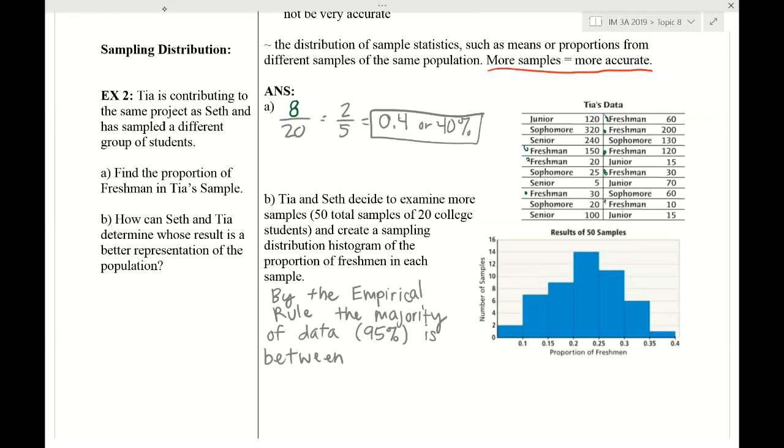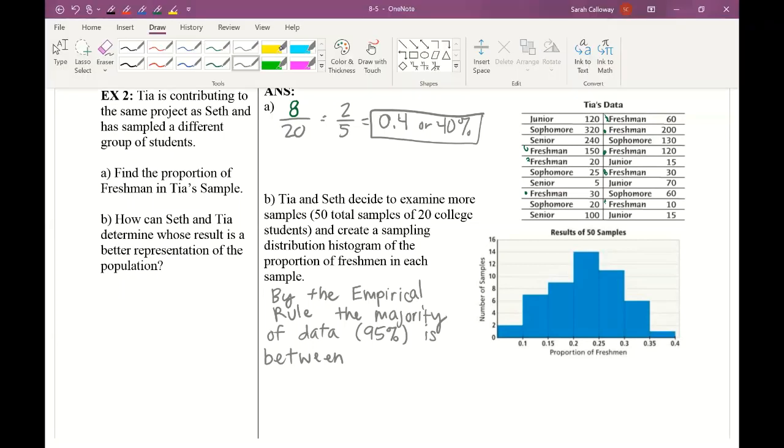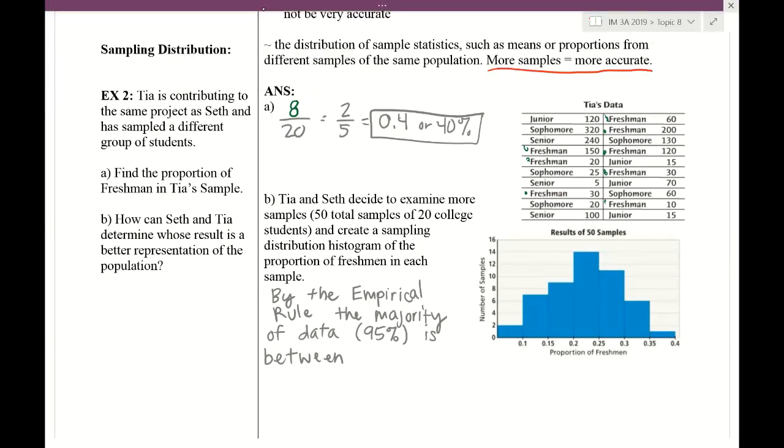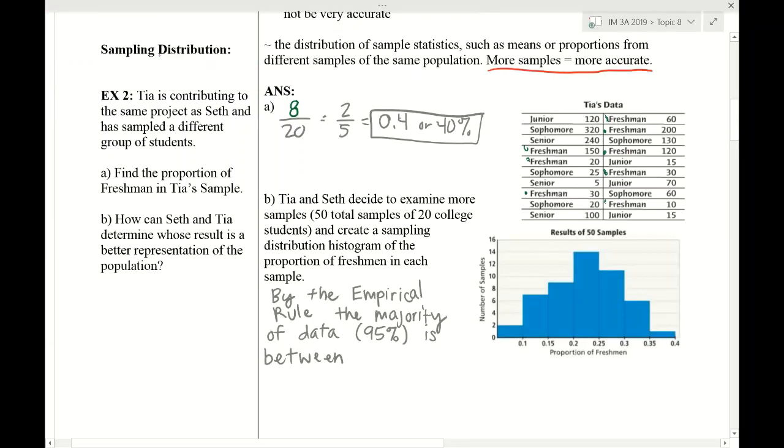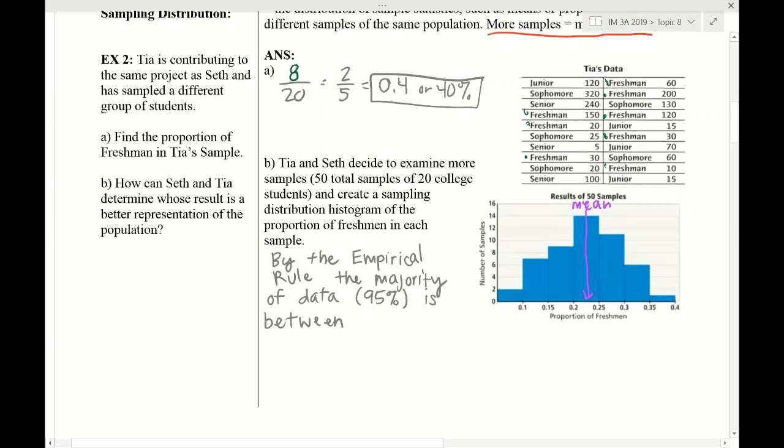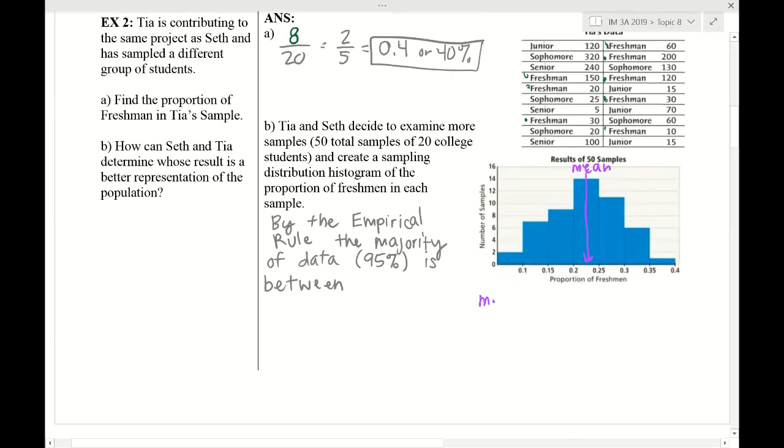So if we're looking at our graph, the mean should lie in the middle of this histogram. The mean is somewhere in this section, because that's where the peak of the histogram is. So the mean is between 0.2 and 0.25, so somewhere in that range.